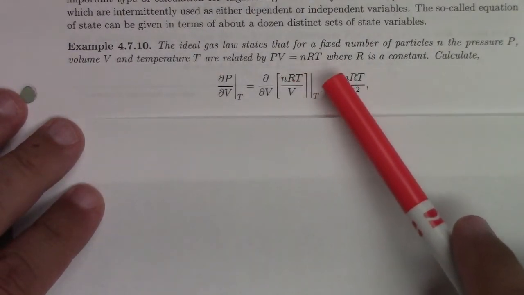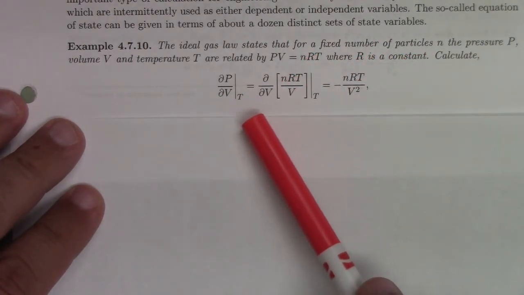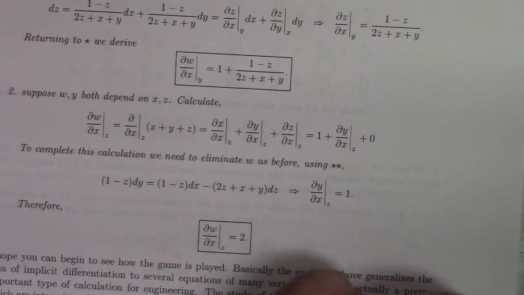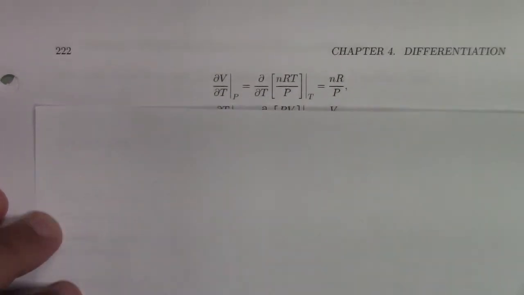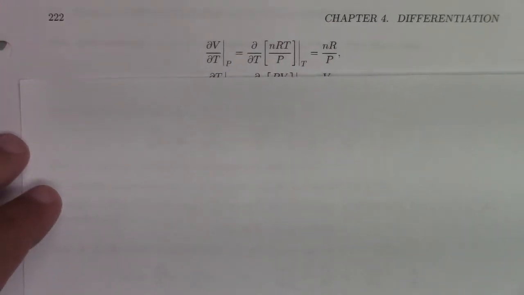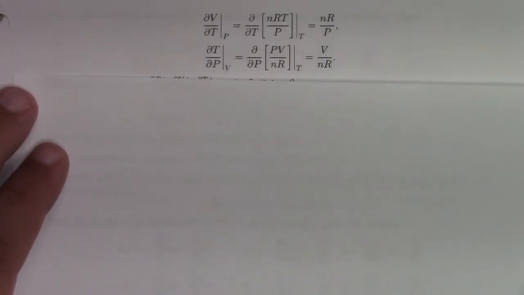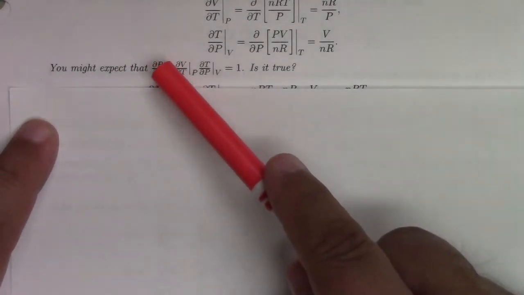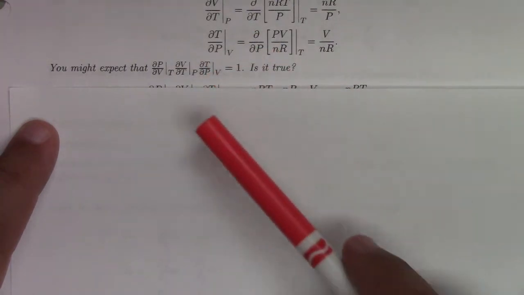Here's the ideal gas law, PV equals nRT. So if we calculate partial p partial v holding t fixed, we get minus nRT over v squared. And if you calculate partial v partial t holding p fixed, you get nr over p. And if you calculate partial t partial p holding v fixed, you get v over nr. If you put those together, you have partial p partial v holding t, partial v partial t holding p, partial t partial p holding v, and multiply those together.